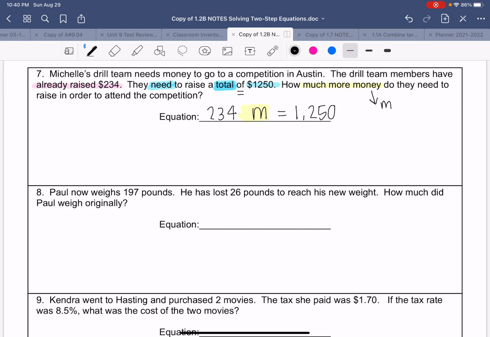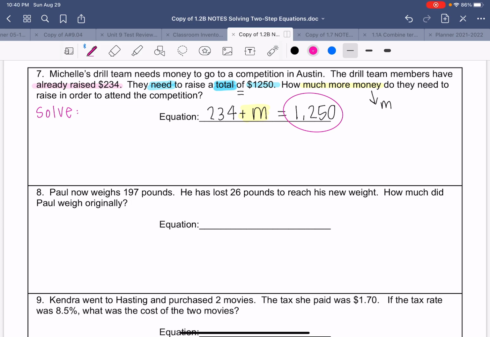They started out with $234, and I want to know how much more money. So we need to get more money. I know that we are going to add whatever else we need to raise and what we have already raised together, and it should equal my total of 1,250. So there's my equation. All right, so now we need to solve.